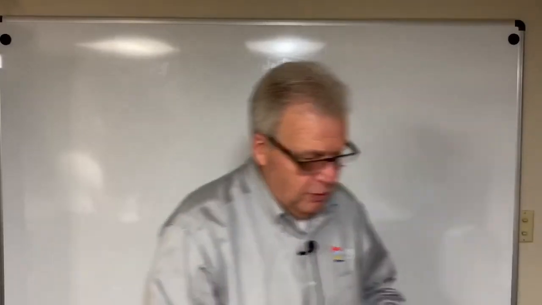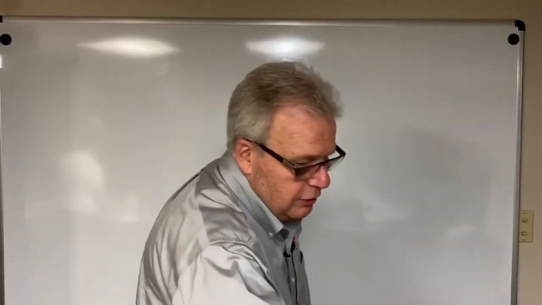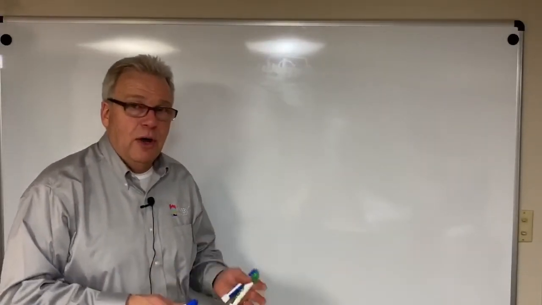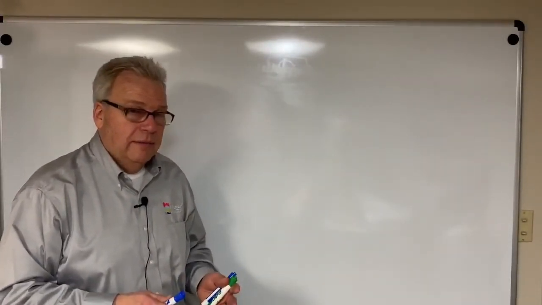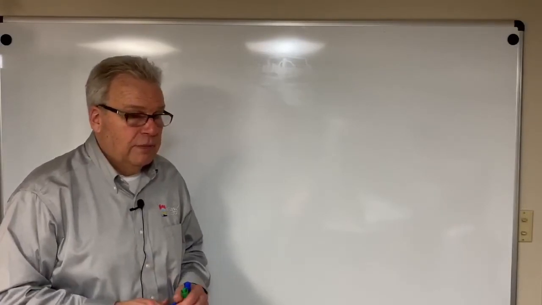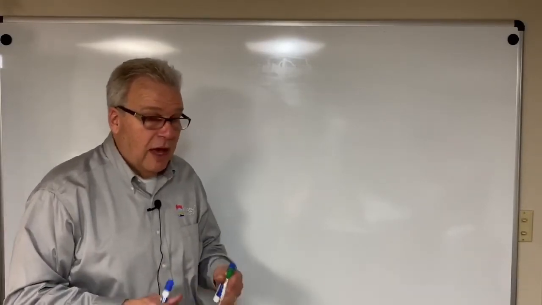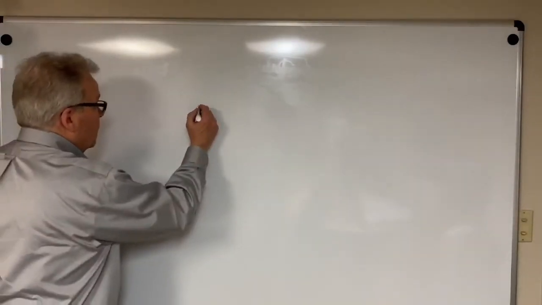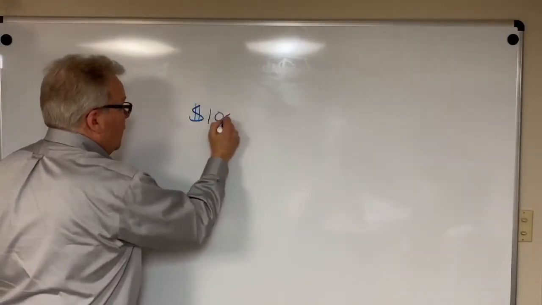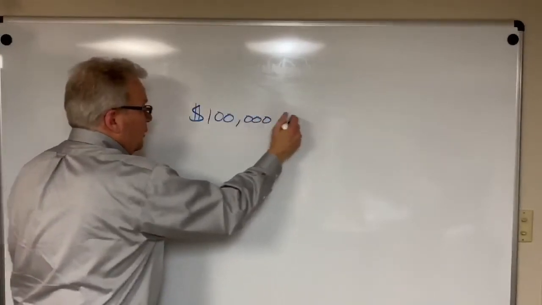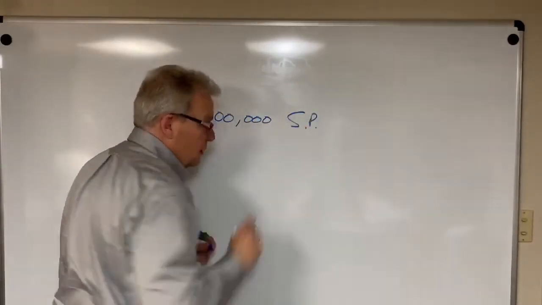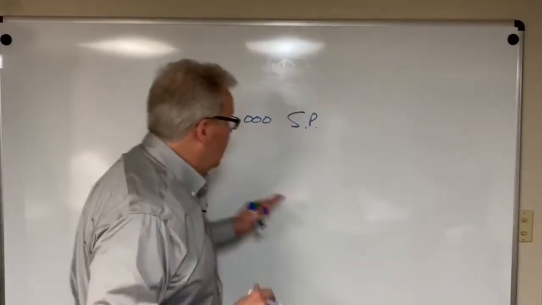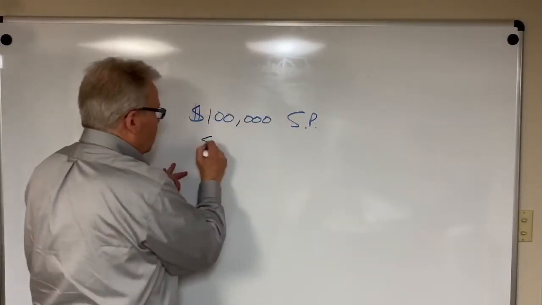This is a type of question you definitely need to know how to do, and it's figuring the equity in your home. It's another possible math question. This said if Tom purchased a home for $100,000, so it's a $100,000 sales price, and it's now valued at $125,000.